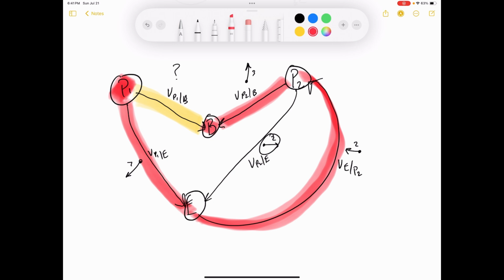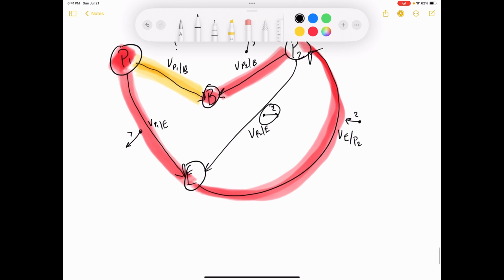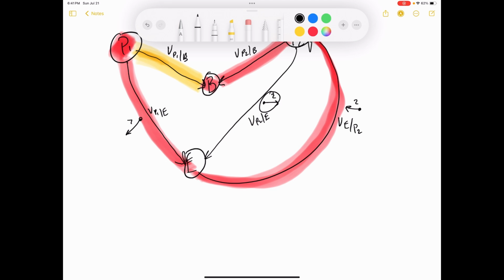So instead of going from P1 to B directly, I'm going from P1 to E to P2 to B, okay? And this actually works out. So I'm going to do a little formula.